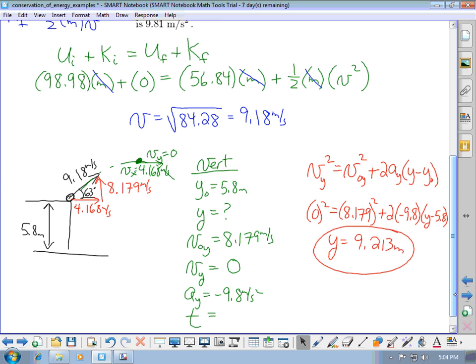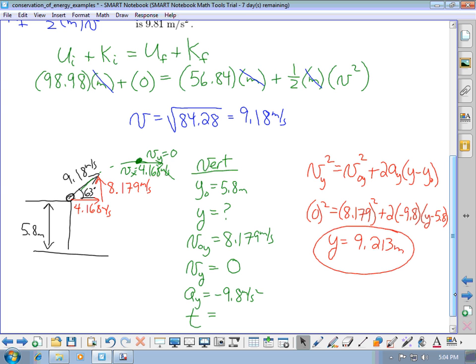Her maximum airborne height is going to be the height that she has when the vertical component of her velocity goes to 0. But we're only looking at that vertical component going to 0 after she leaves the end of the slide. And when she's moving on the slide, it's a conservation of energy problem.